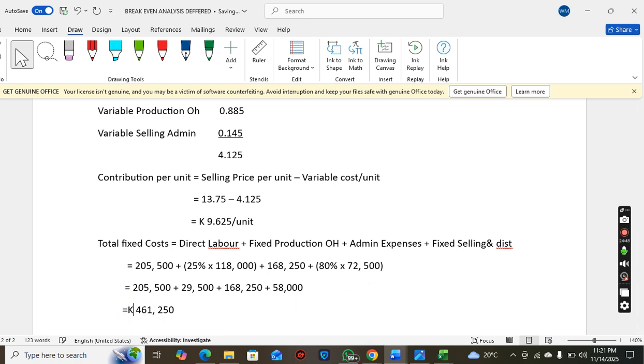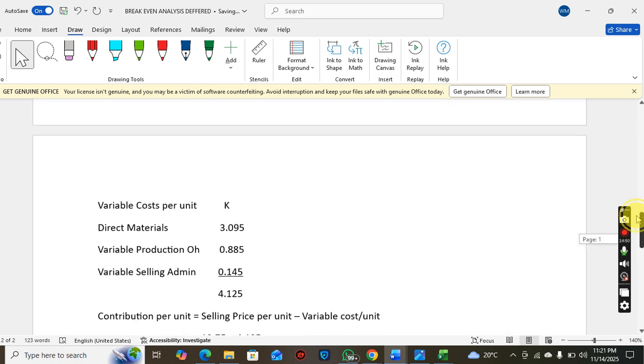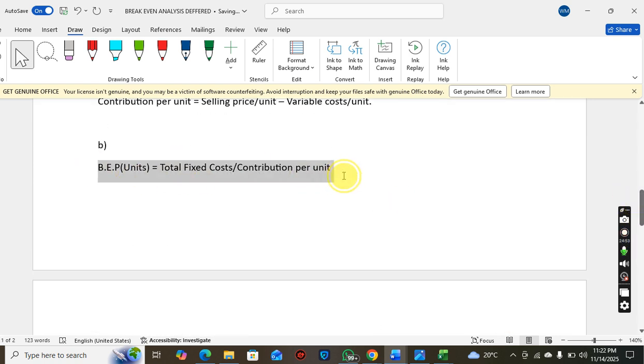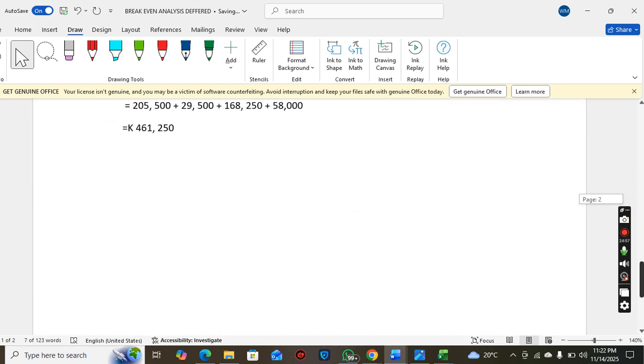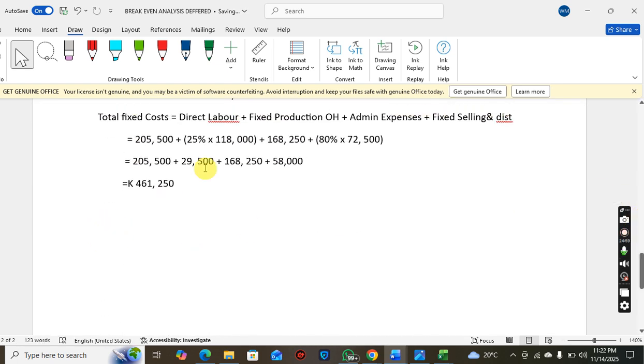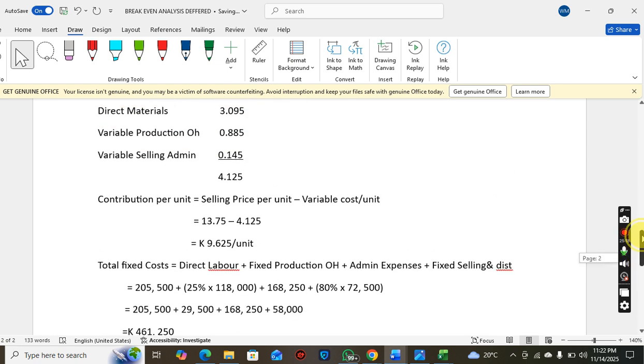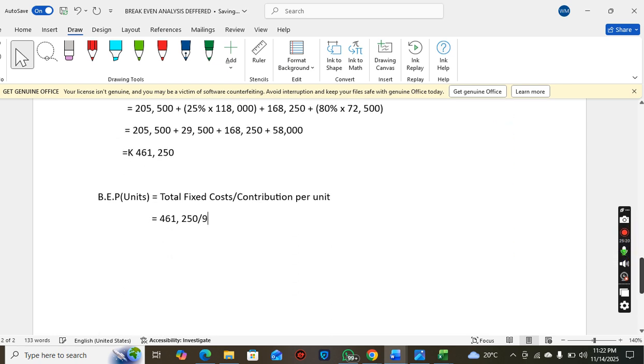So our break-even point, BP in units, total fixed costs 461,250 divided by the contribution per unit 9.625.